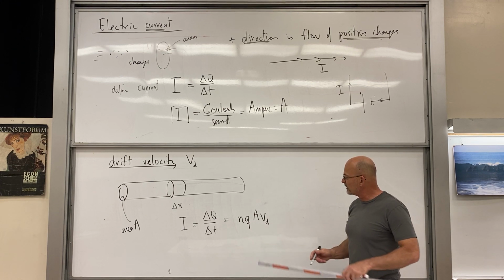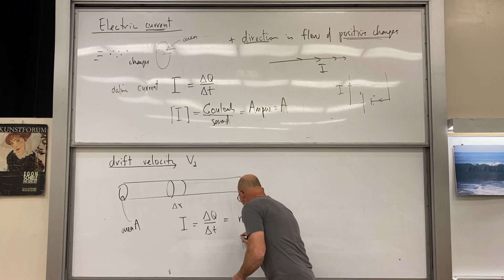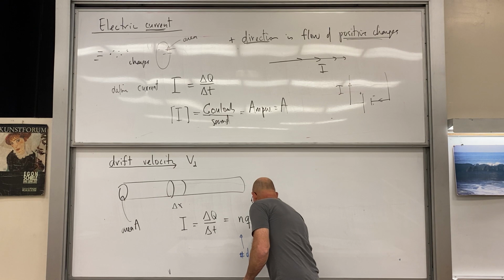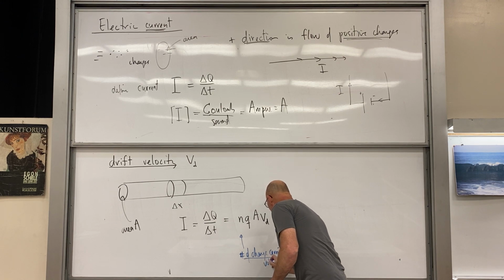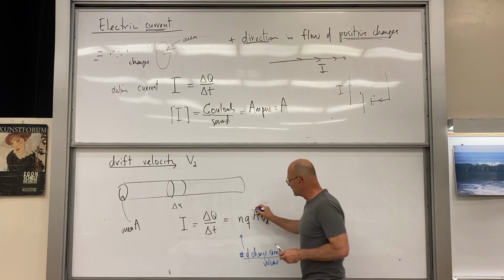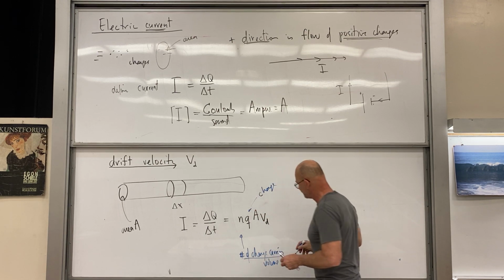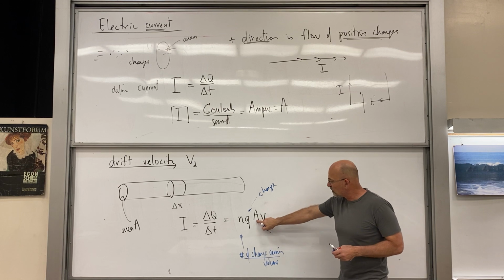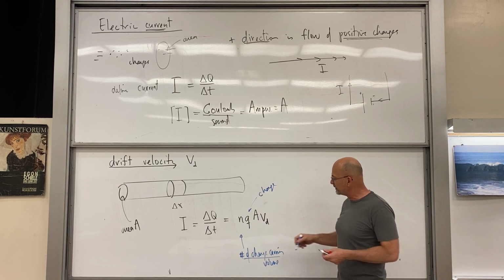So what do we have here? Here's a number of charge carriers per volume. So that's a number density, and then that's the charge, and then that's a cross-sectional area, and that's a drift velocity or drift speed.